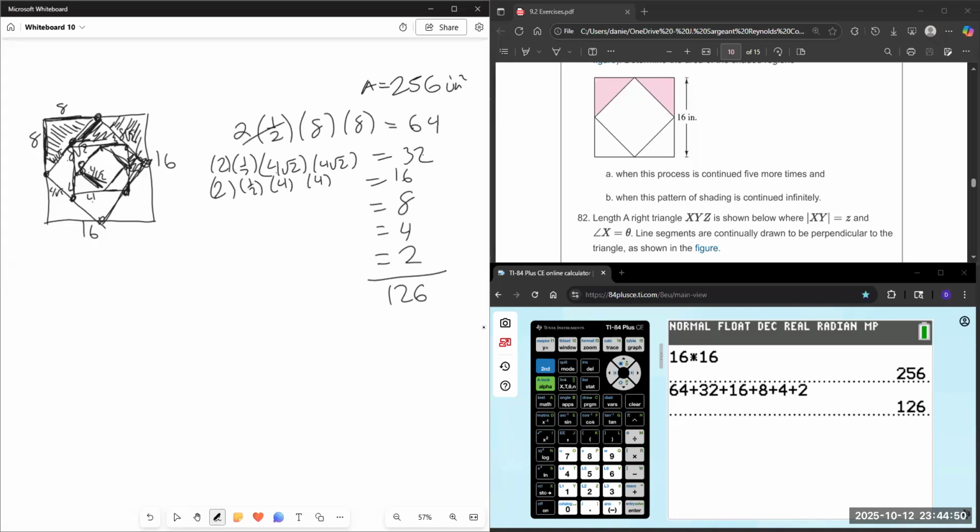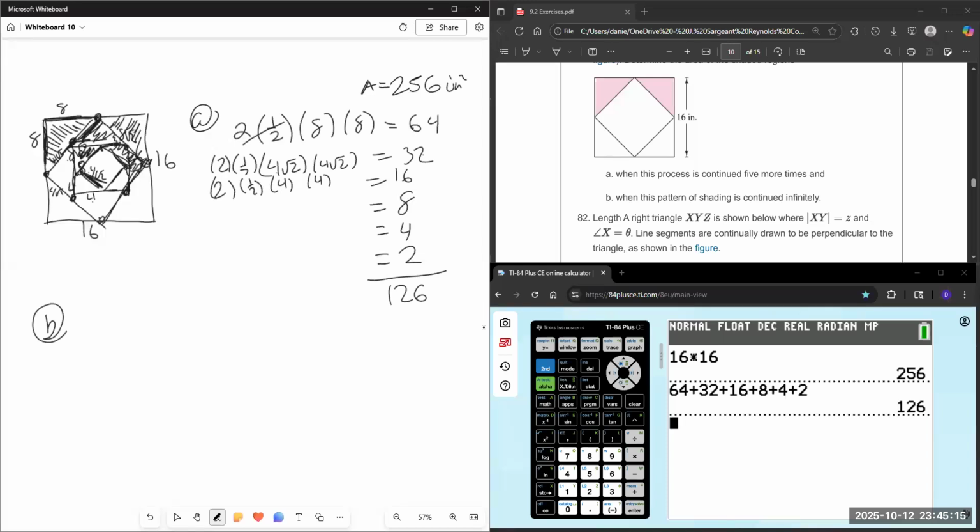So now I want to figure out an infinite series to go ahead and find the total area of this idea where I keep taking half each time and adding it together.